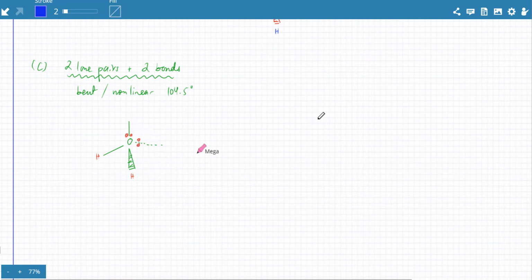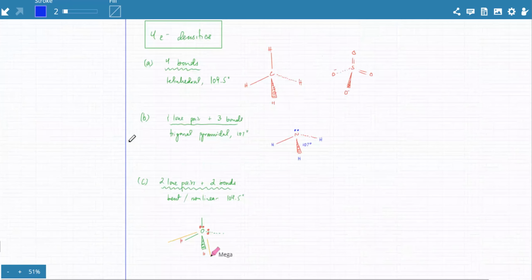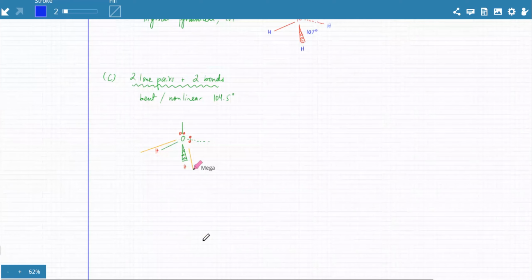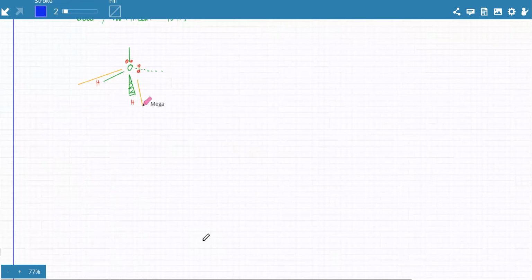They're lone pairs, so they won't be counted in the shape. The molecule is going to be bent. You start off at a hydrogen, go to oxygen, then hydrogen back again. The angle is now 104.5 because you started off with 109 degrees. With one lone pair, the bonds got closer together. With two lone pairs, the bonds are even closer together. Is this clear?